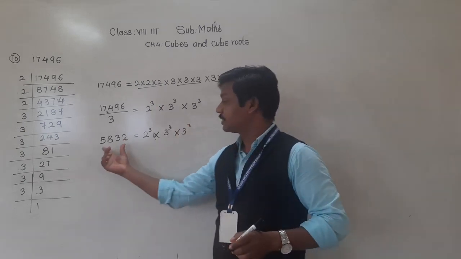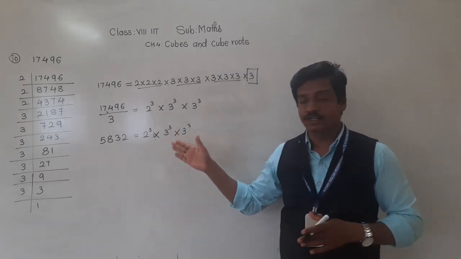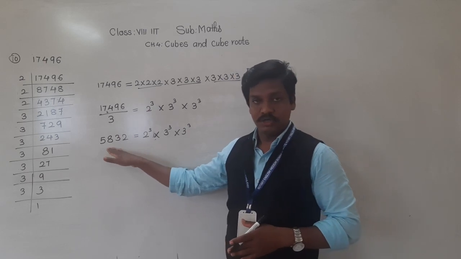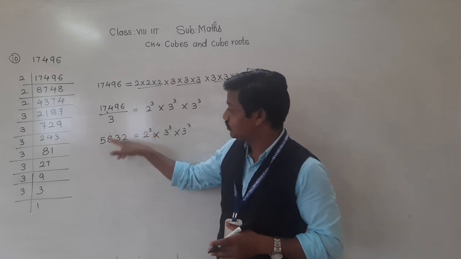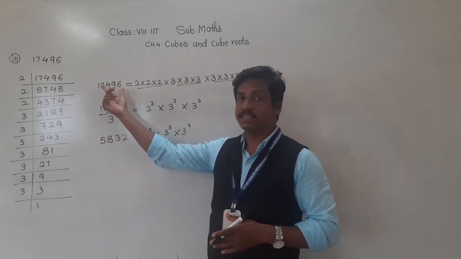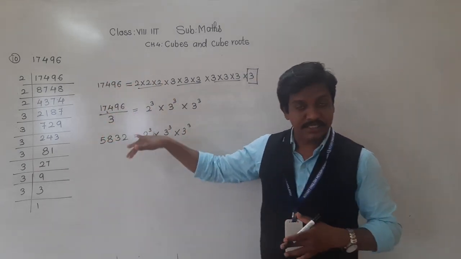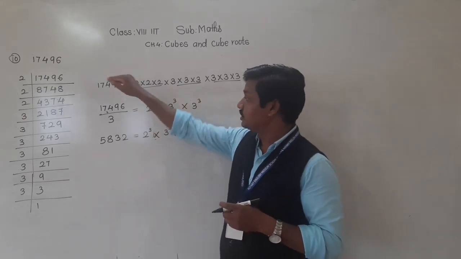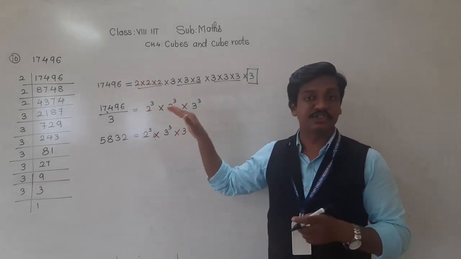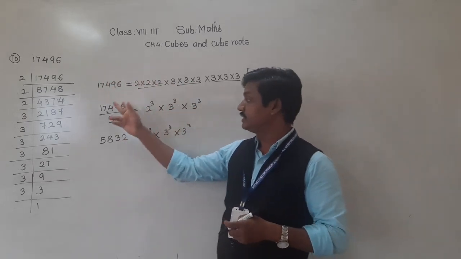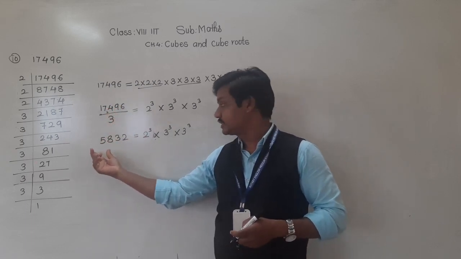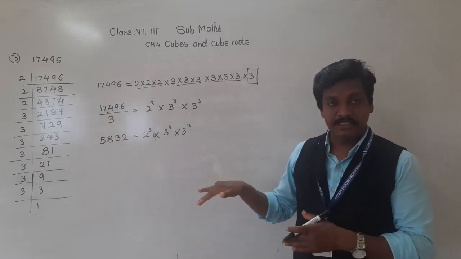So this is that perfect cube. 5,832 is that perfect cube, which we have obtained by dividing 17,496 by 3. So 3 is the smallest number by which 17,496 should be divided, and after dividing by 3 we get 5,832 as a perfect cube.